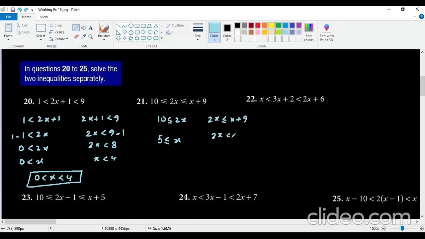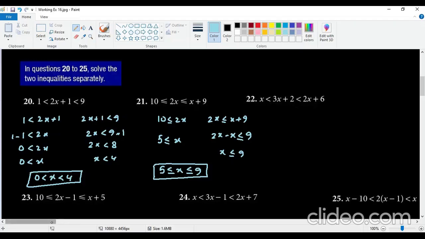So I am going to bring minus x here and write it as it is, 9. That means 2x minus x is going to give us x less than or equal to 9. So as an answer, how will I write this? I will write this way: 5 less than or equal to x, and x is less than or equal to 9, which is going to be your final answer.